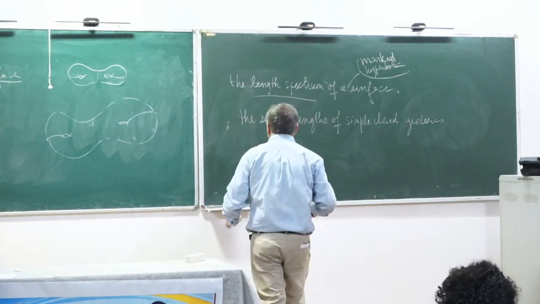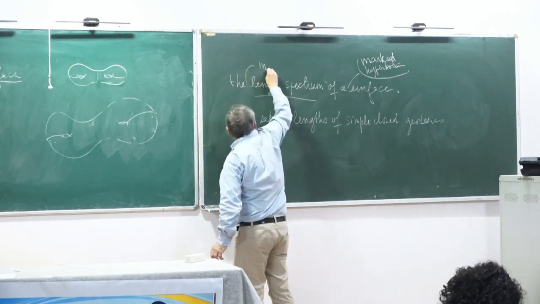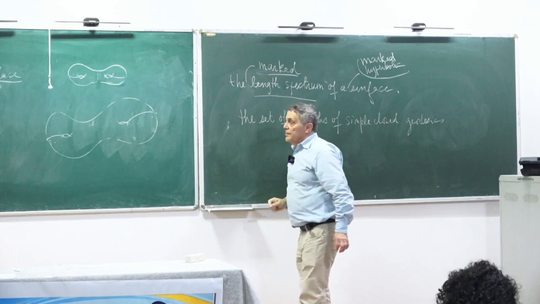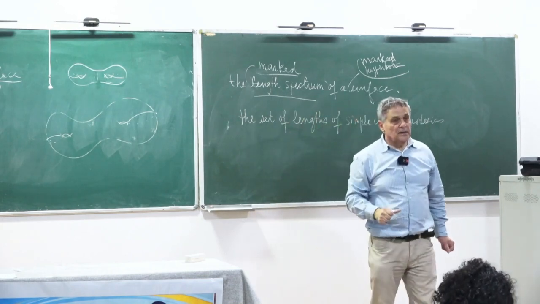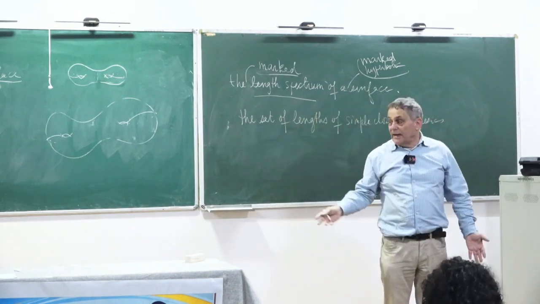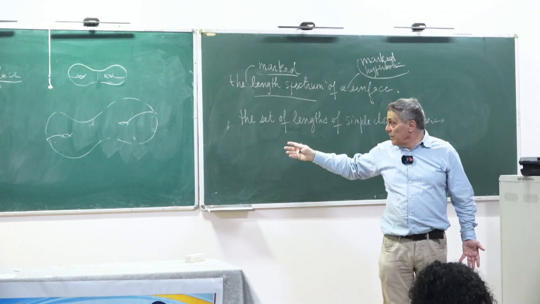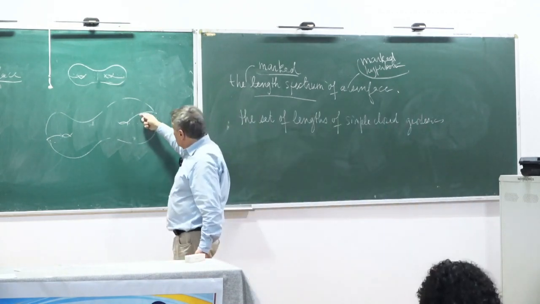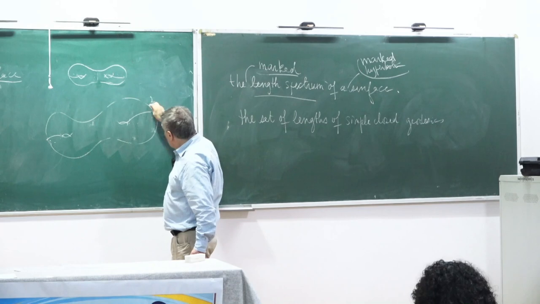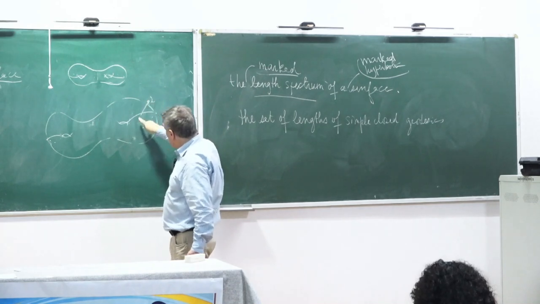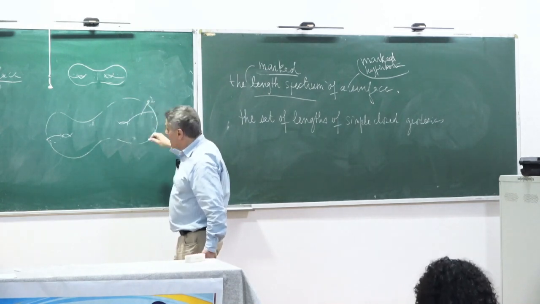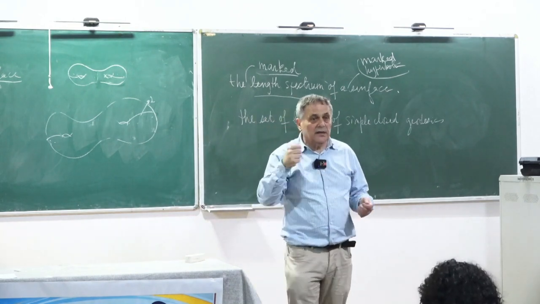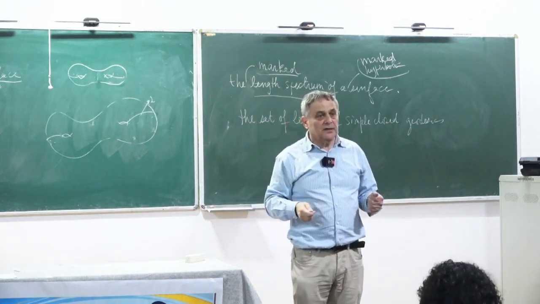So here I want to say that this is the interesting part, the marked length spectrum. When I have a surface like this, I want to tell you, well, the length of this closed geodesic is 2. When I have a metric, I can measure lengths of curves.